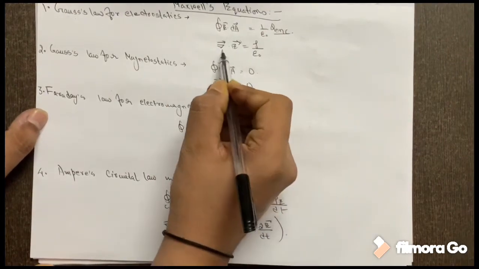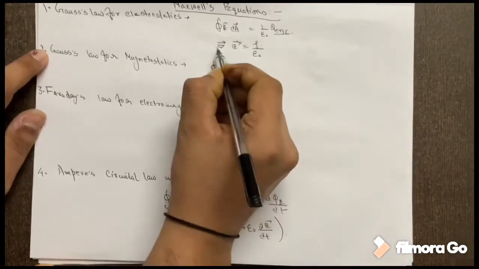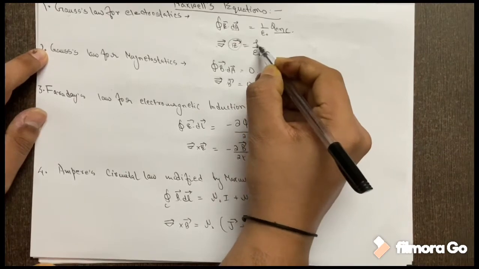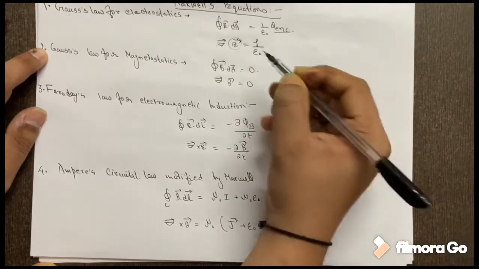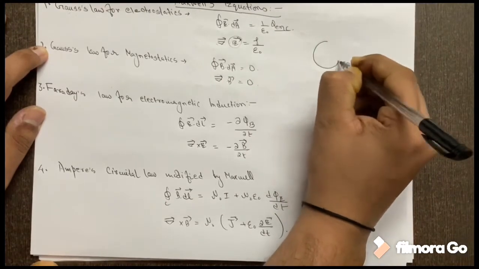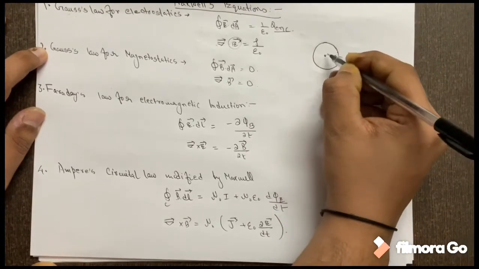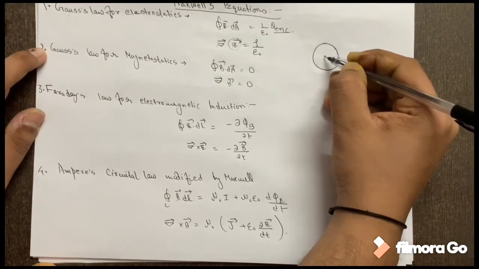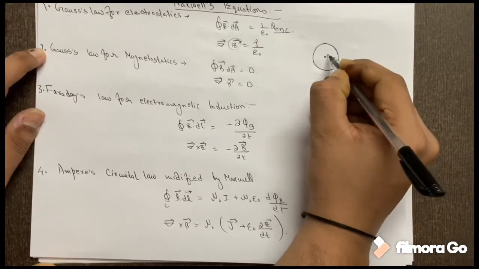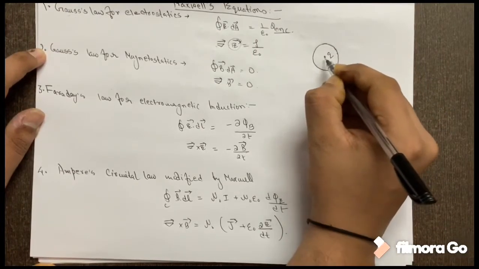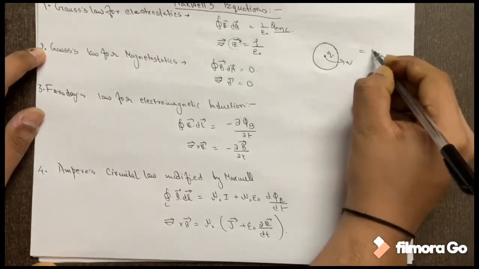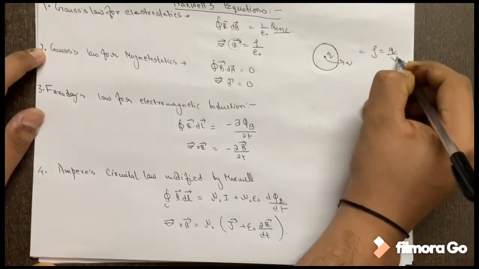So in this notation we can say the divergence of this electric field is equal to the charge density upon epsilon naught, which is similar to this one. We have seen that divergence is the quantity that comes out through the closed surface. Suppose q charge is inside this surface, and its volume is v, so its charge density will be given by rho is equal to q upon v.